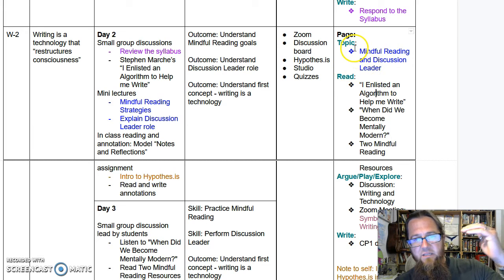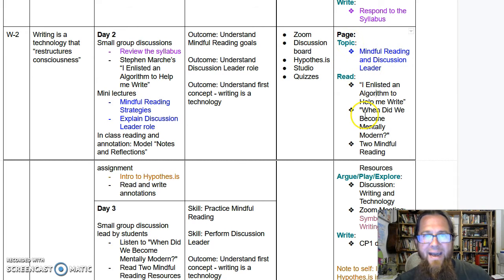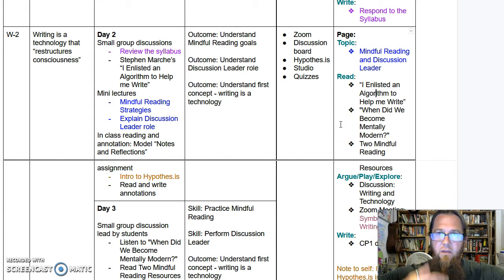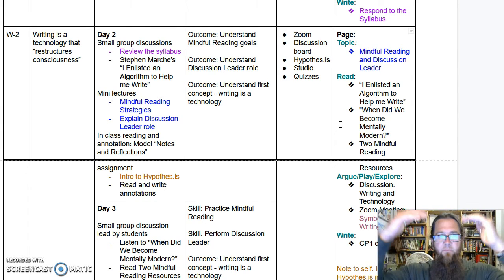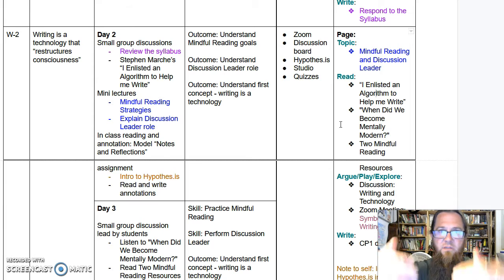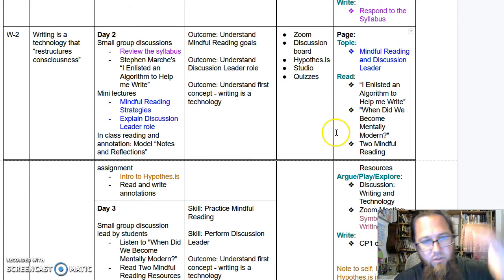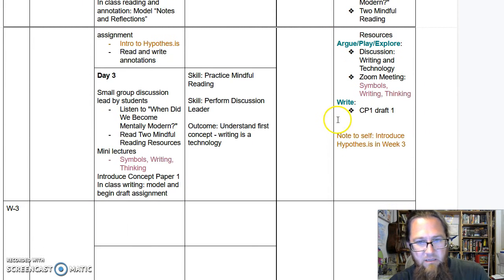But I think this real simple pattern is going to provide a predictability about the class, a rhythm, and then just a recursive interaction with content that is always building up towards writing and is always leading back towards deepening ideas, which is always leading back up towards writing, right? And so I think that there's a lot of potential in there.